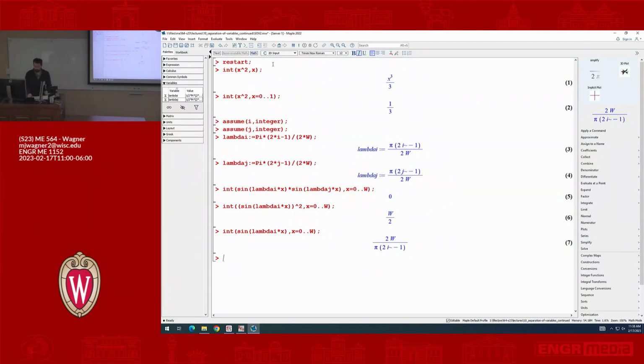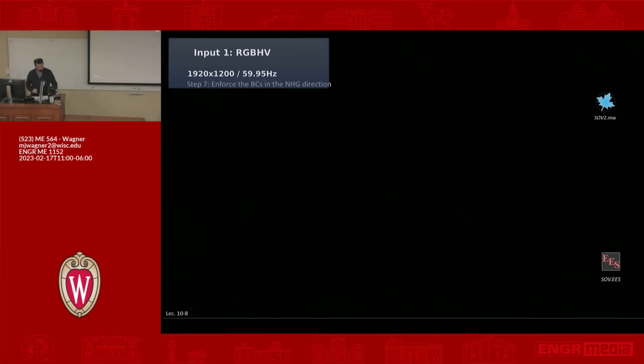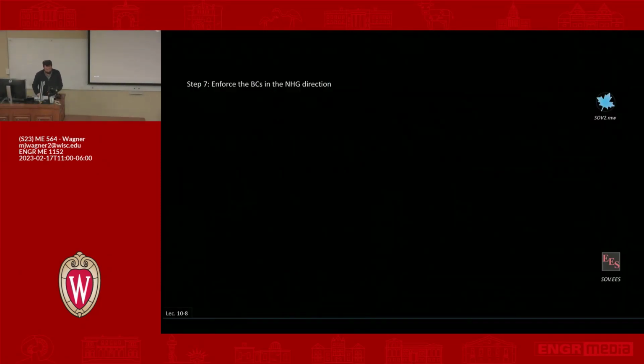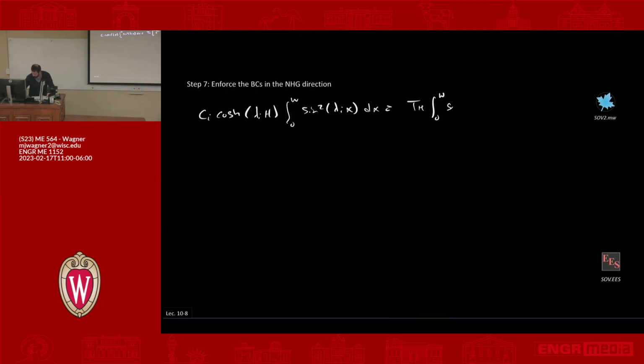So we can go back and look at how this plays out. So let's see, what did we just do? Let me write it down. We said I have c_i cosh lambda_i h times the integral from 0 to w of sine squared lambda_i x dx is equal to, on the right-hand side, the integral from 0 to w of sine lambda_i x dx.